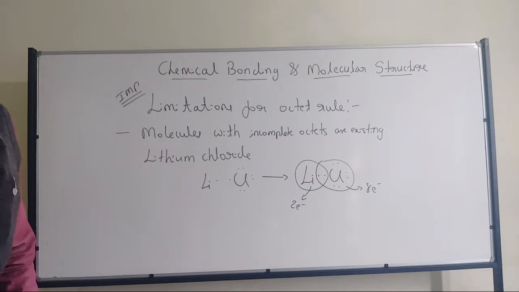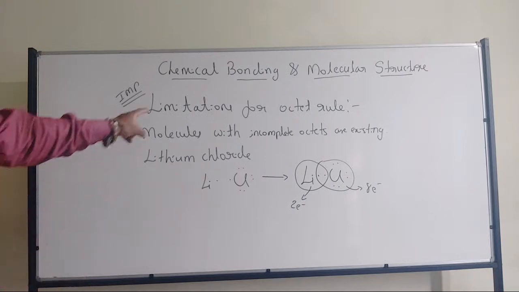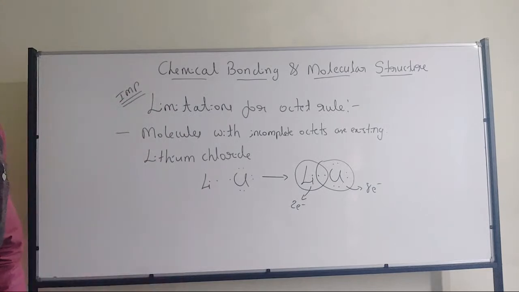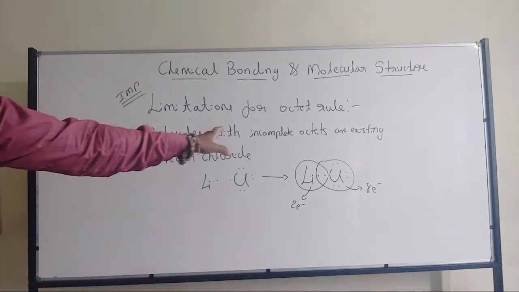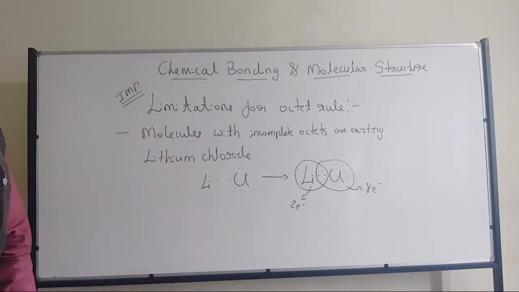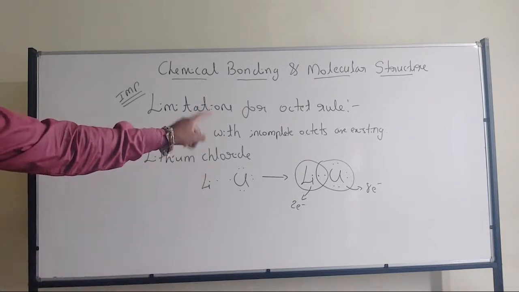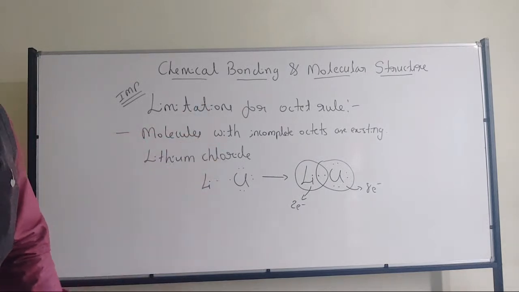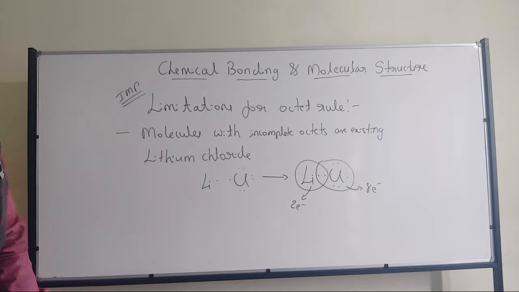I am talking about their valence shell. So that's an incomplete octet. Lithium has not gained 8 electrons, but still this molecule is stable. Lithium chloride exists in nature.